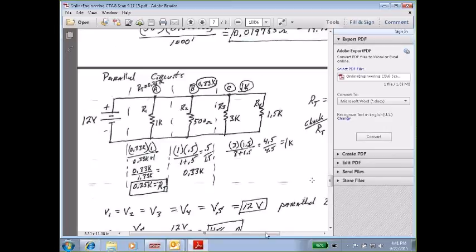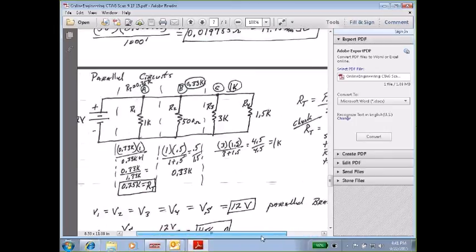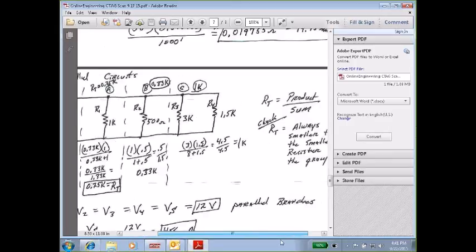Now, this is a concept that you're going to have to spend a little bit of time with because it just doesn't really make sense when you first see this. Okay, the more resistors I put in the circuit, the less my total resistance becomes. That's true if they're connected in parallel.